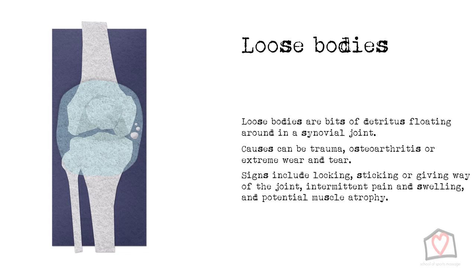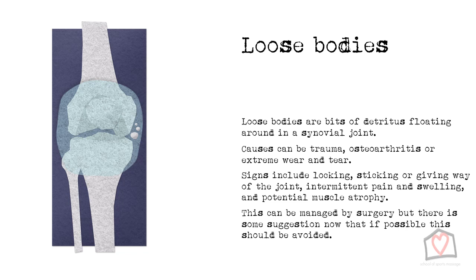This is quite often managed with physiotherapy and potentially painkillers, but surgery is an option in the way of an arthroscopy, which can be used to remove floating objects and tidy up the joint. There is some suggestion now that wherever possible this should be avoided, as it can impact the life of the joint. There is little a sports massage therapist can do for the joint, but again they may be able to support the client with other issues such as compensatory problems.